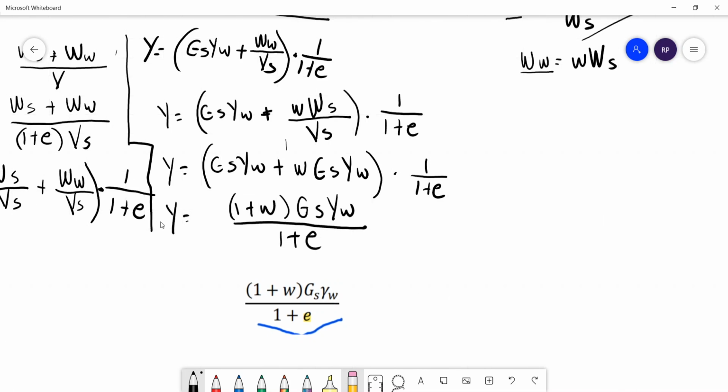So that is moist unit weight that is equal to 1 plus moisture content W, that is 1 plus W, multiplied by the specific gravity GS, GS pareho, and then your unit weight of water YW all over 1 plus E, E void ratio. Okay, so tama. Proven. So proven. Hirap magsulat.